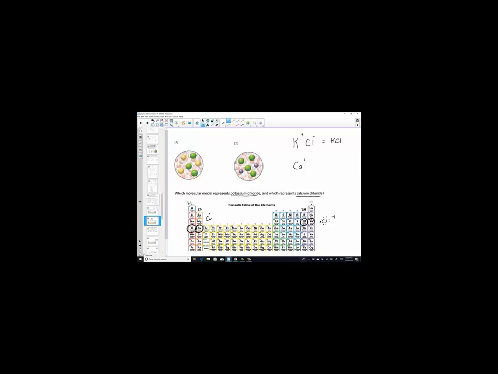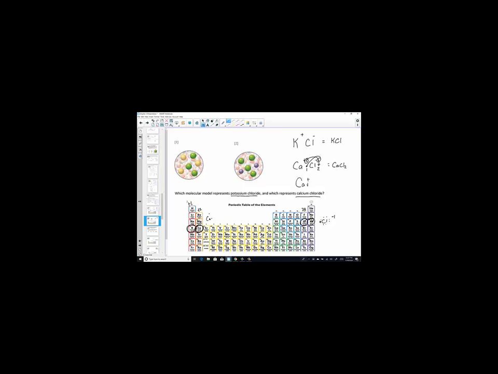So calcium loses 2 electrons to form an ion of +2. And chloride we found already to be -1. When we crisscross, bring those numbers around and down, we find Ca1, Cl2, calcium chloride, CaCl2.